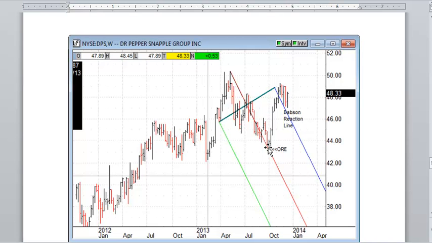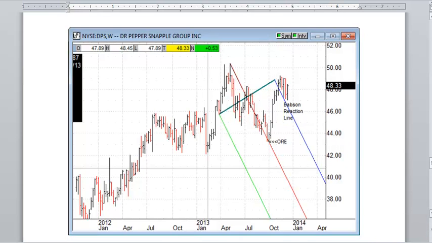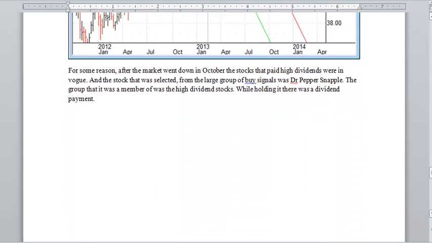And so we wound up taking this one here in particular, and as you can see, this one here between here and getting up to the reaction line was only about 8 or 9%. But considering that we wound up getting paid a dividend during that time period, that added nicely. Okay, so what happens is we'll end up taking the buy signal and going up to here. Now we'll get into a little more of the intricacies of this in a bit.